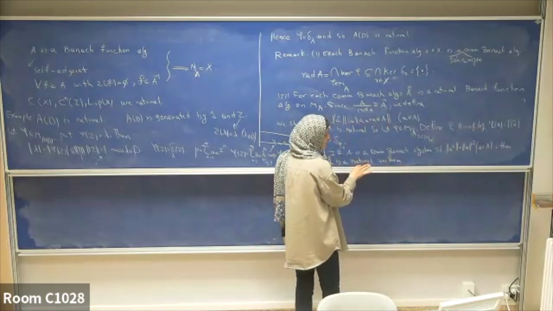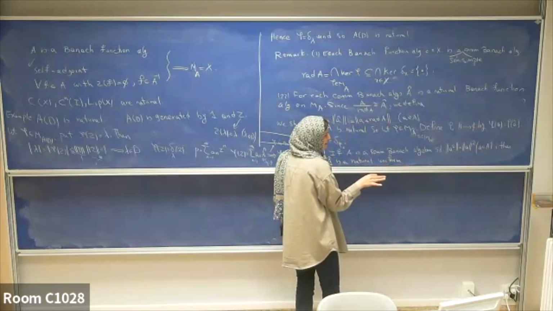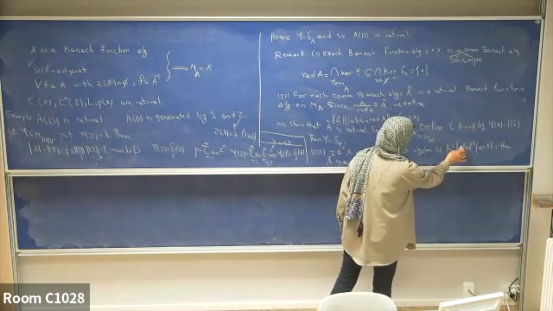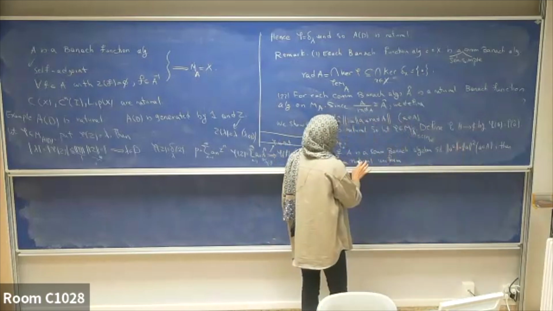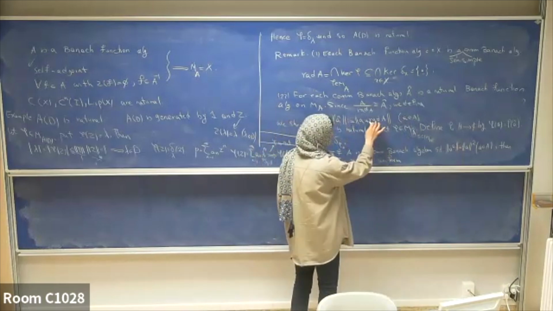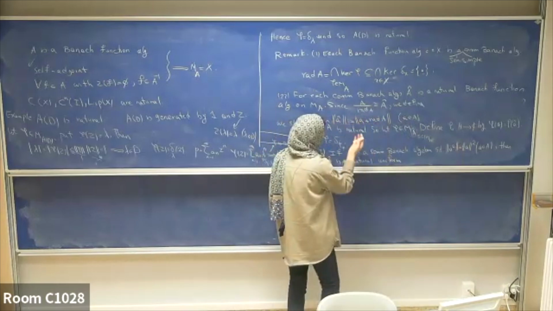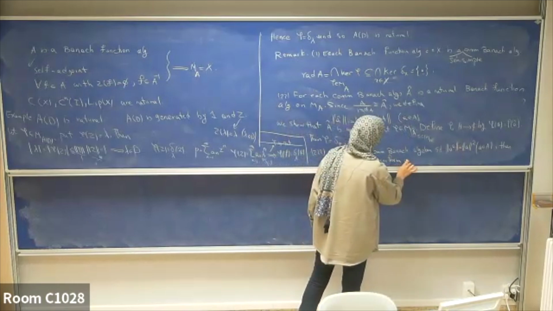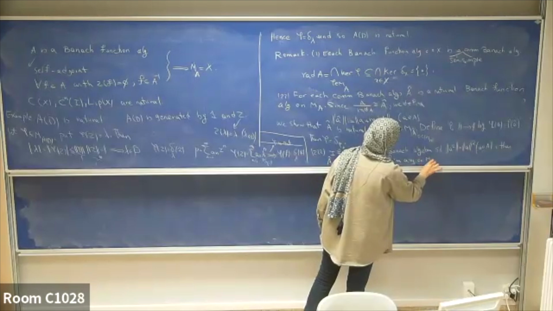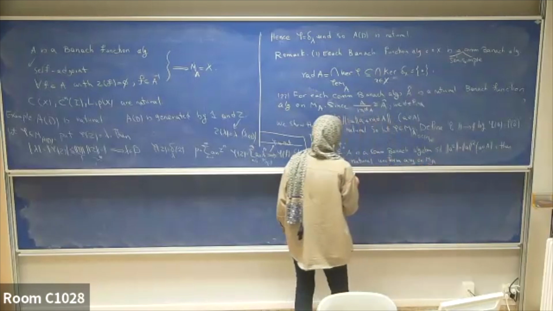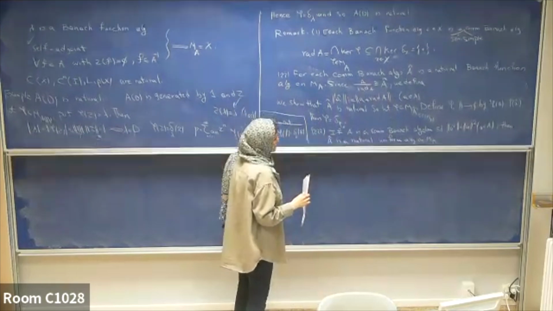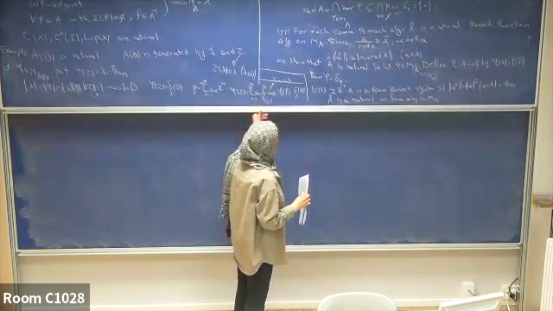The last theorem I told you concerning the Gelfand transform was this. When we have this equation for each a, the Gelfand transform is an isometry, so we can consider a uniform algebra with the supremum norm of a hat, a natural uniform algebra on M of A. So it's clear from the previous theorem before.